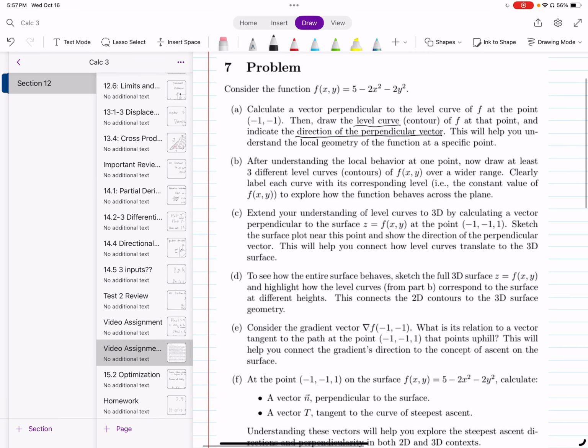The next part of the question wants us to understand the local behavior at one point. After understanding the local behavior, draw at least 3 different level curves of f of x and y over a wider range. And they want us to clearly indicate the curve with the corresponding level.